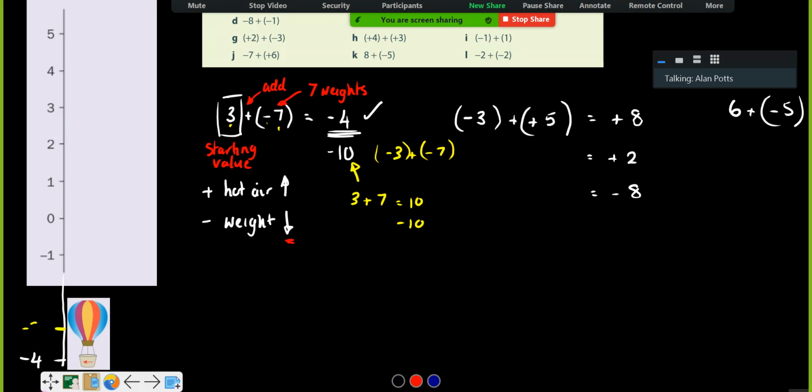So we've got -3, -2. So this one I'm starting at -3, and I'm going to add what? No. 5 units of hot air. 5 hot airs, yeah.